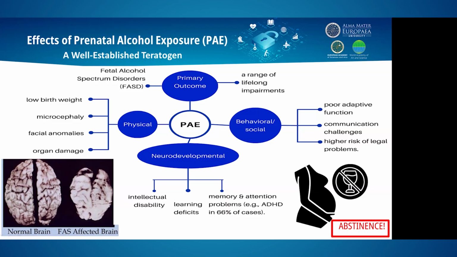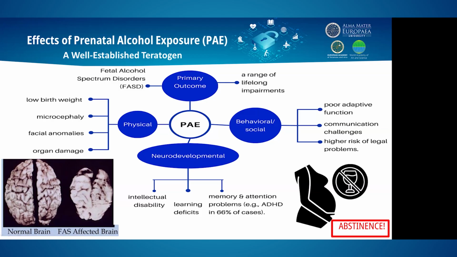Cognitively, it leads to learning disabilities, intellectual disabilities, problems with memory and attention. The most common co-occurring condition is ADHD, which affects a staggering 66% of cases with FASD. And behaviorally, it causes poor adaptive function, communication challenges, and higher risk of legal problems.